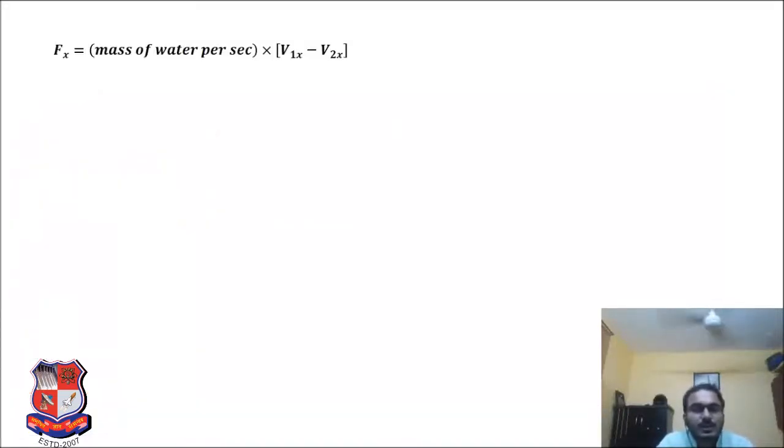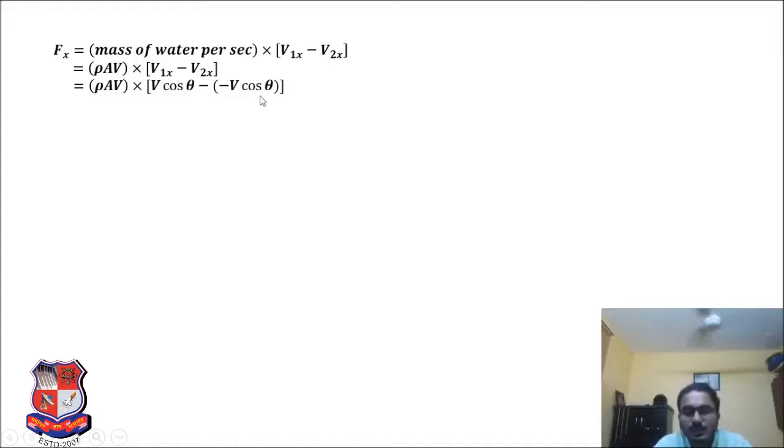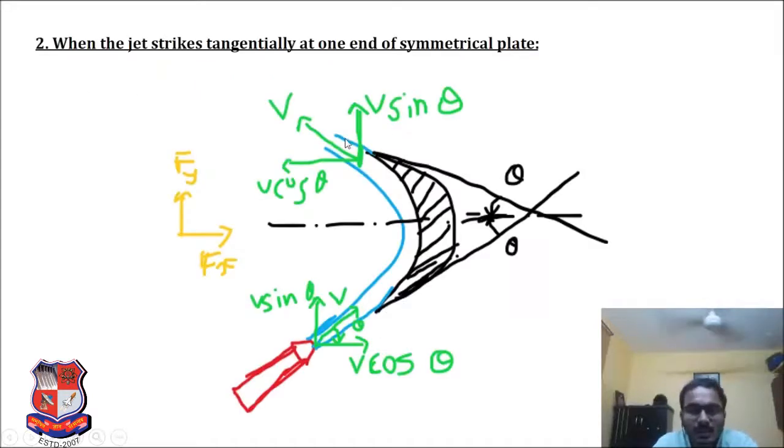So again, Fx will be mass of water jet per second into V1x minus V2x, which will be in this way. Now the initial velocity is V cos theta and final velocity is minus V cos theta. From where is it coming? See, initial velocity is in positive x direction. Now we are considering the Fx force.